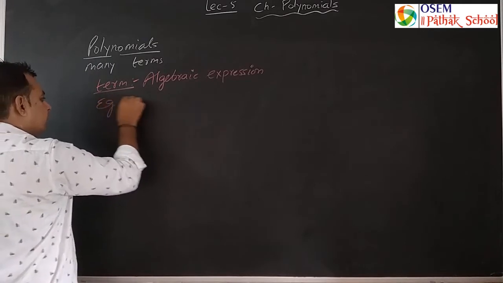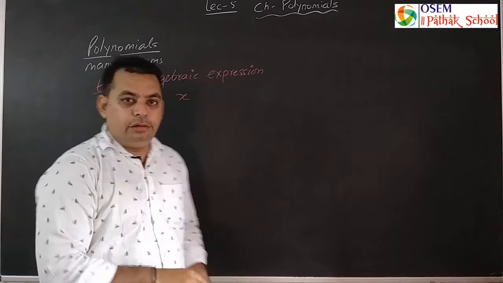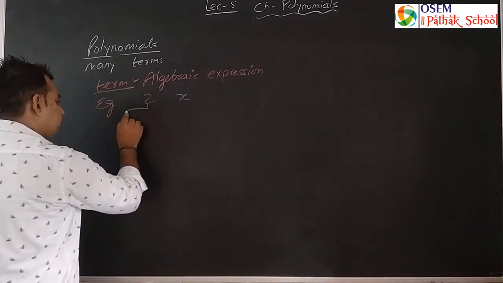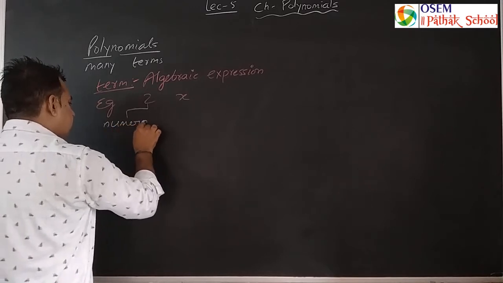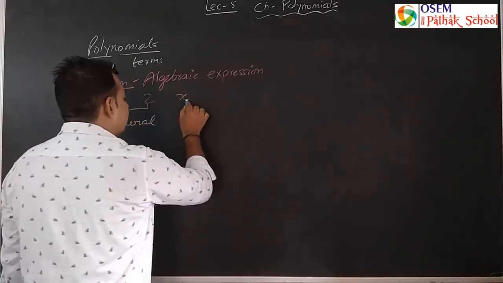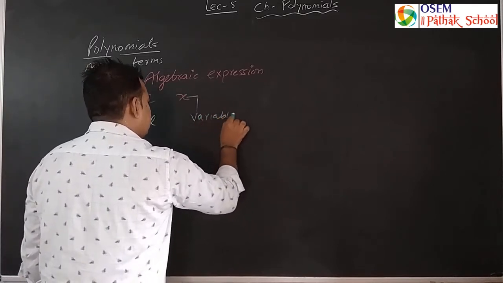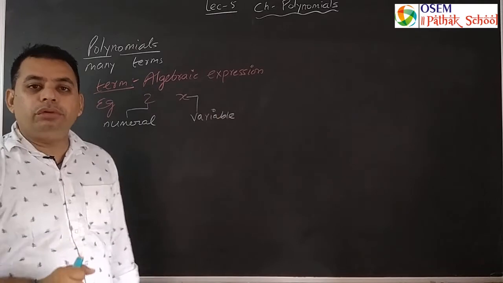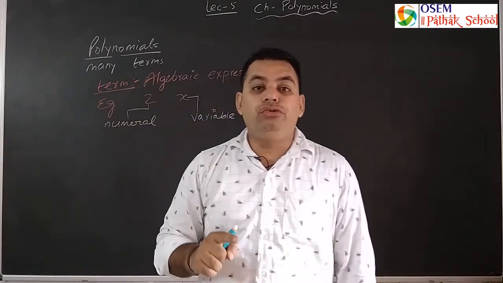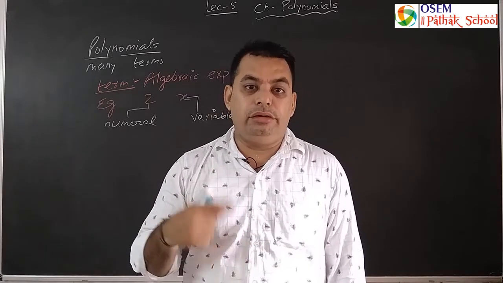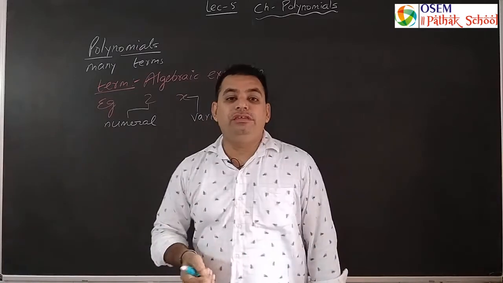For example, if we take 2x, this 2 is the numeral part, and this x is a variable. So you should know that this numeral is also known as a coefficient, meaning a number part, and x is known as a variable.